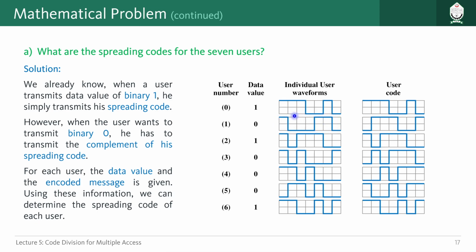So we have to take the complement of this one to get the spreading sequence of user 1. So that is done here. So you see this one is exactly the complement of this one. So in this way, all the user codes can be retrieved because we know the data value and also the waveform transmitted. Using those, whenever we have data value of 0, we can just take the complement of this one, and whenever we have 1, we can just take whatever waveform we have, that is the exact spreading sequence, right?